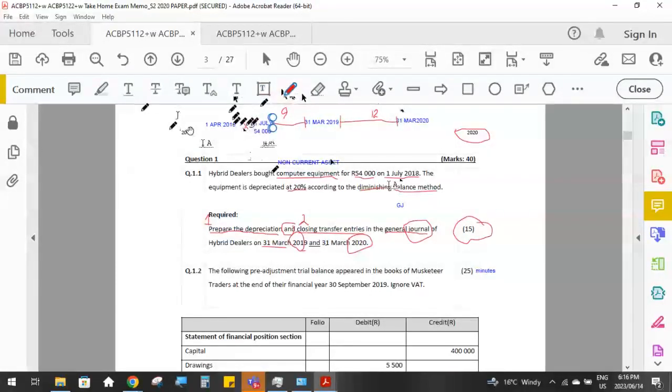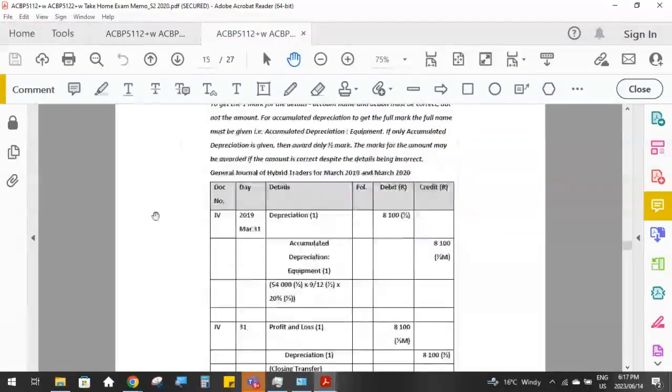Okay, that's how you need to work with timelines. So we've got to calculate the depreciation for this year, the year ending March 2019, and for March ending 2020. And they also want us to do the closing transfer entries in the general journal. Okay, so let's go and have a look at what that looks like.